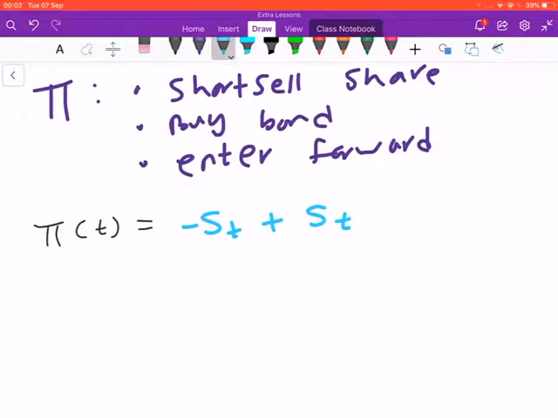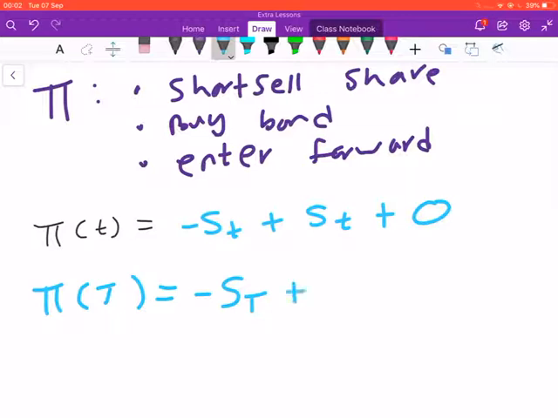But then at maturity, plus the forward contract, which costs nothing, at maturity, which is capital T, the share would have gained value, with a price of ST. The bond will also gain interest.